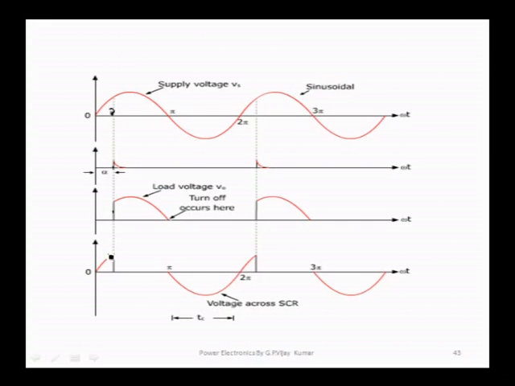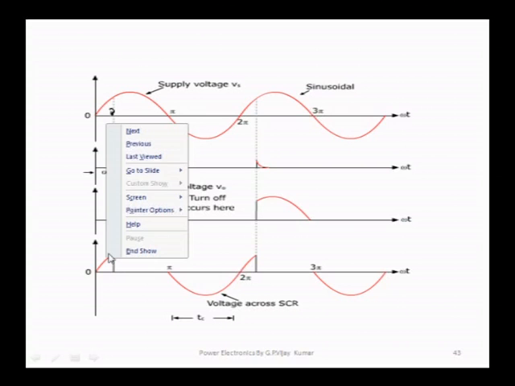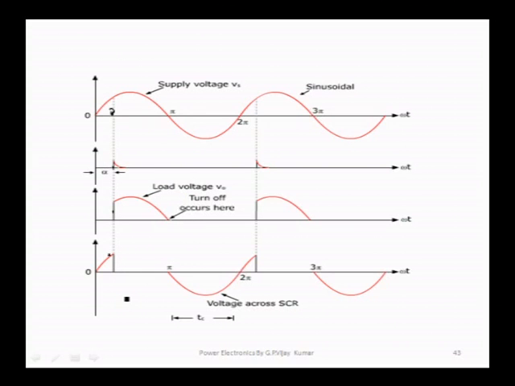When the thyristor is not fired, the voltage appears across the SCR. The voltage across the SCR will be 0 when the thyristor is fired. During the negative cycle, the entire voltage appears across the SCR, because it is reverse biased and does not conduct.